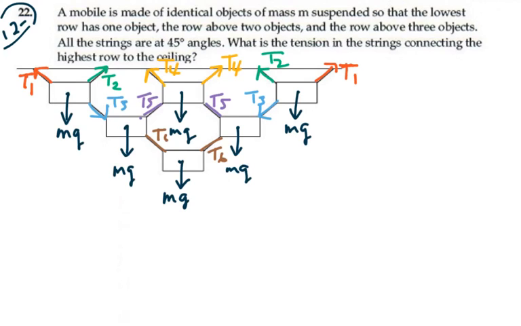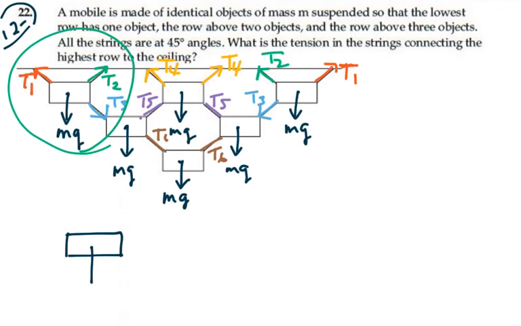Okay, so let's focus in on one of these masses, say this right here, and do a smaller free body diagram of that mass. And as we look at it, this is what we have. We've got this mg coming down like this.